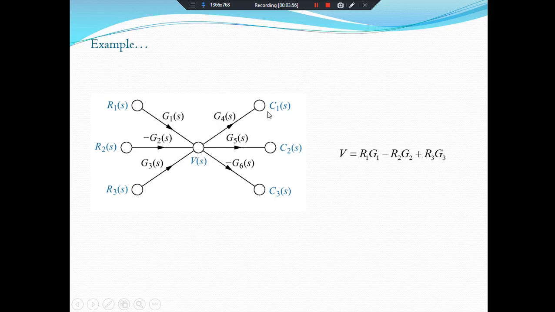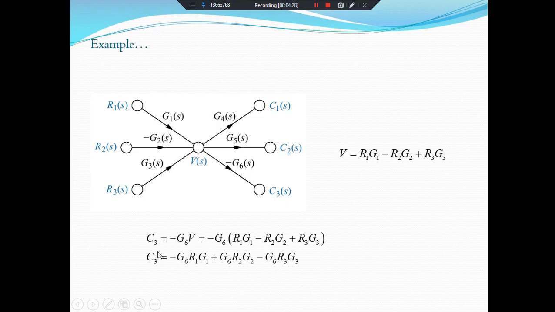What will be C1(s)? C1(s) will be equal to V(s) into G4(s), and we will put the value of V(s) and multiply it by G4(s), and we will get C1(s). Similarly, C2(s) will be equal to G5(s) into V(s). So we will multiply G5(s) with this V(s). Similarly, we will get C3(s).